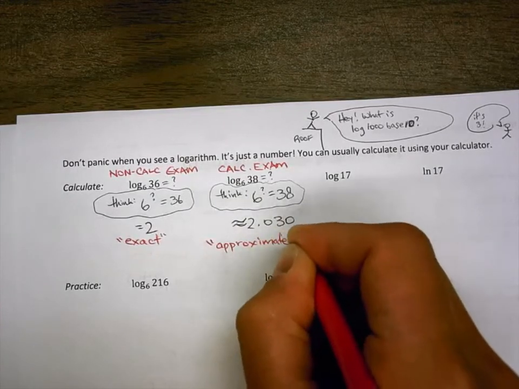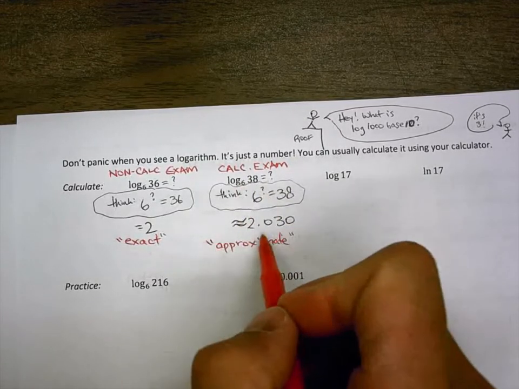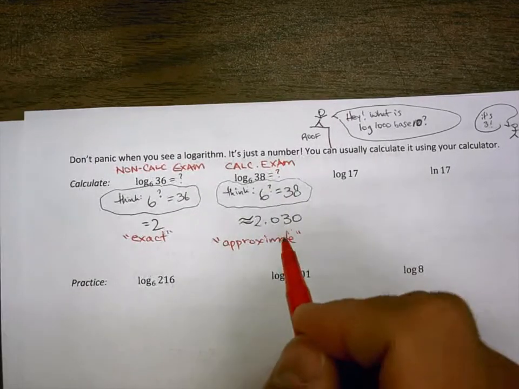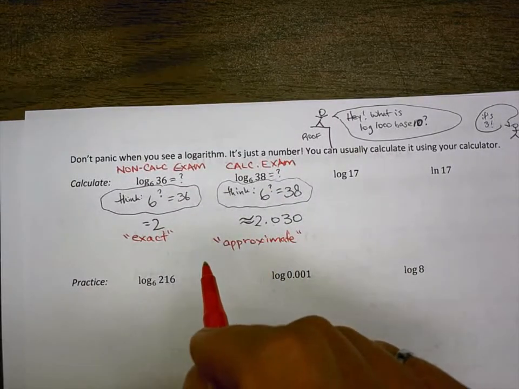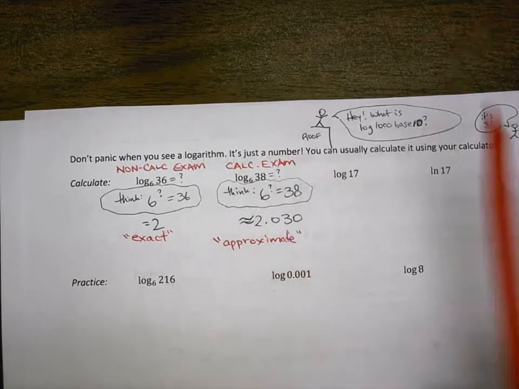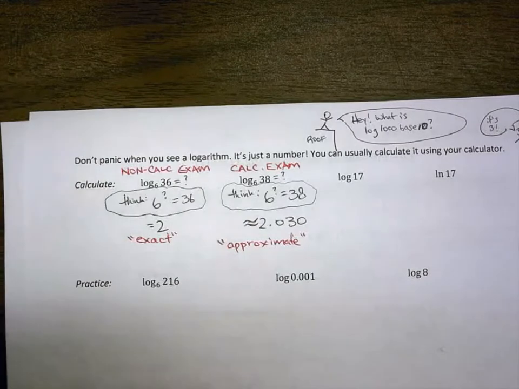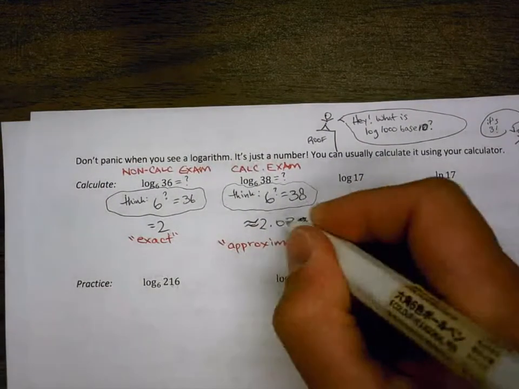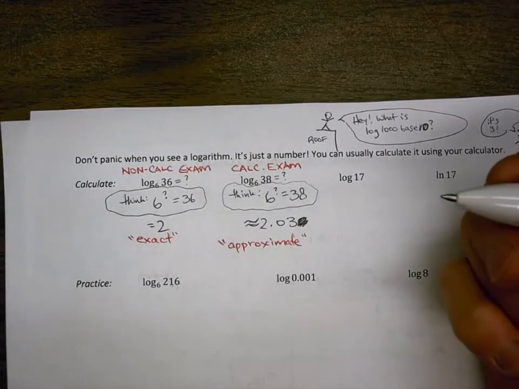Approximate because this is actually more accurate. This number, 2.030, we know there are numbers that come after it, so it's not really 100% true. For the calculator exam, and we'll talk about this more, we would only ever write 3 significant figures, so you wouldn't actually write the 0 down. 2.03 is 3 significant figures.